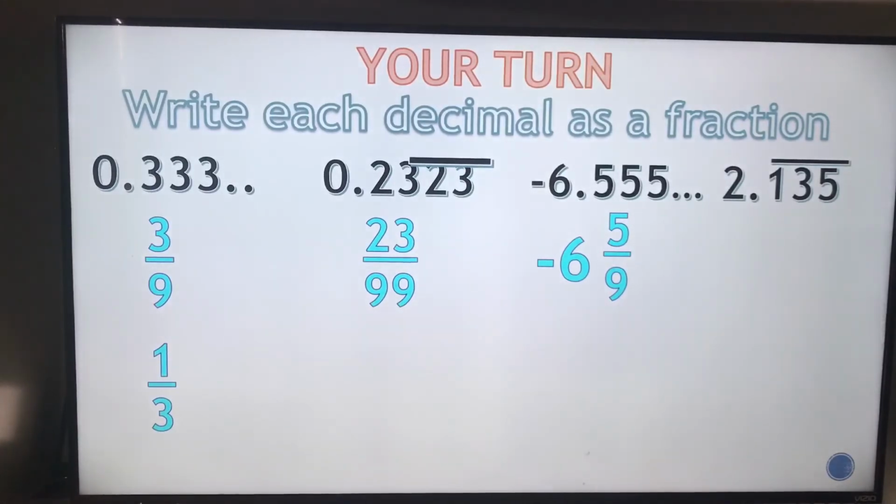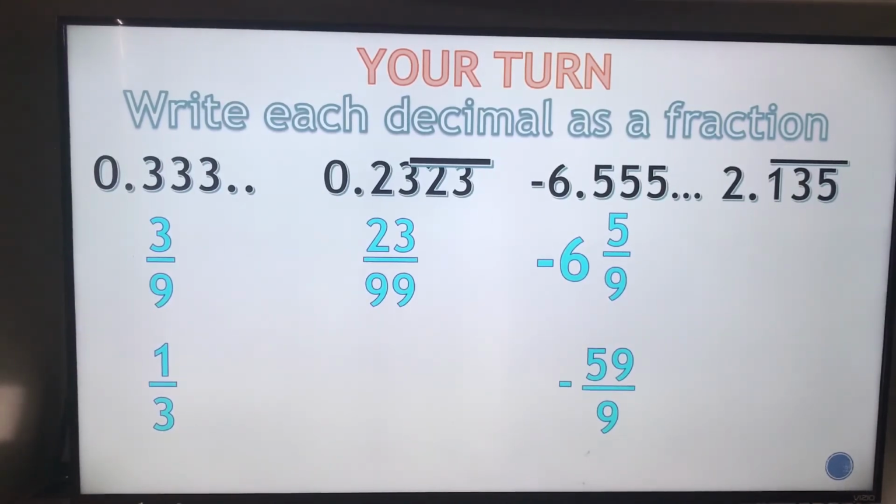I'm going to do 9 times 6 plus 5. That's how I get my 59 on top. My bottom stays what my bottom was. Your denominator, and when I say bottom, it's your denominator, that doesn't change. And the negative just kind of gets put there. Okay? So just the way we did that one, we're going to go do our last one.